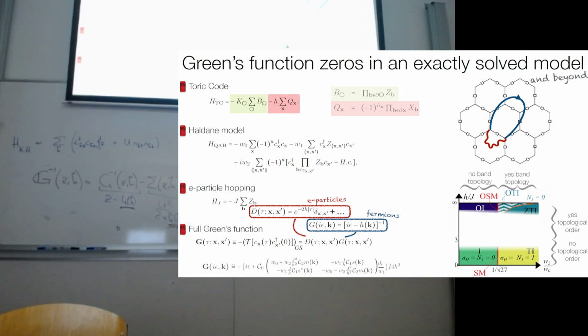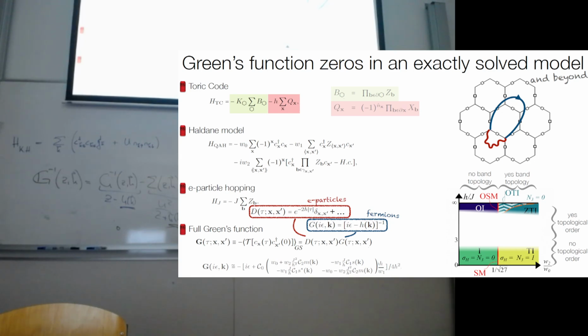Can you just repeat again when phases are topological? So let's forget about zeros for a moment. You can just look at the band structure of the Haldane model, and it's topological when you have essentially mass opening at K and K prime which is opposite in sign.